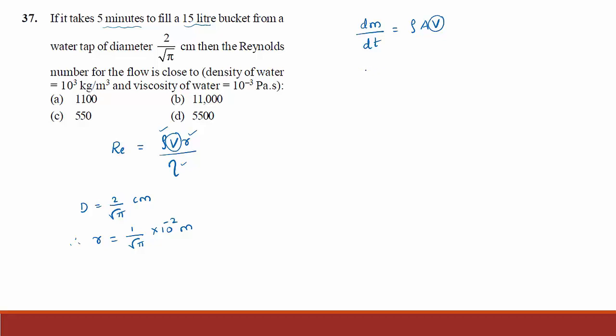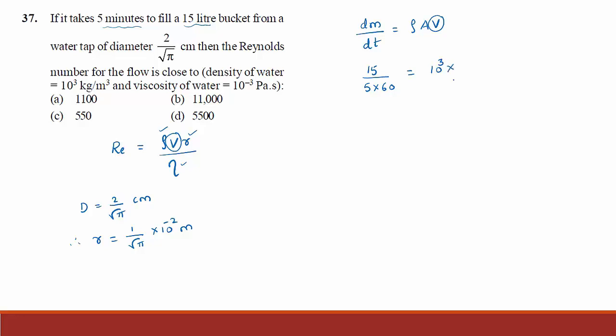Here 15 liters of water divided by 5 minutes, converted into seconds, we can write 5 into 60, since 1 minute equals 60 seconds, which is equal to density times area. The density of water is 1000, or 10 raised to 3, into area.